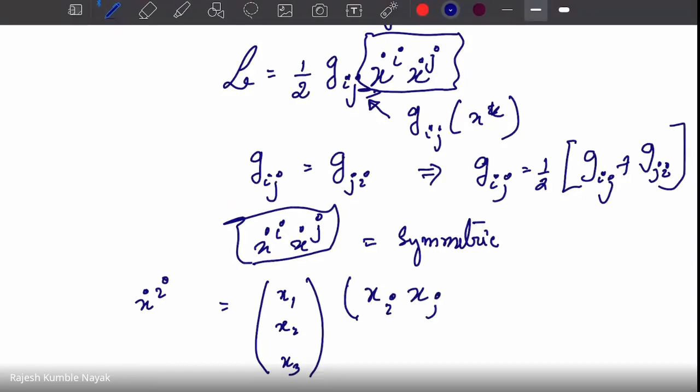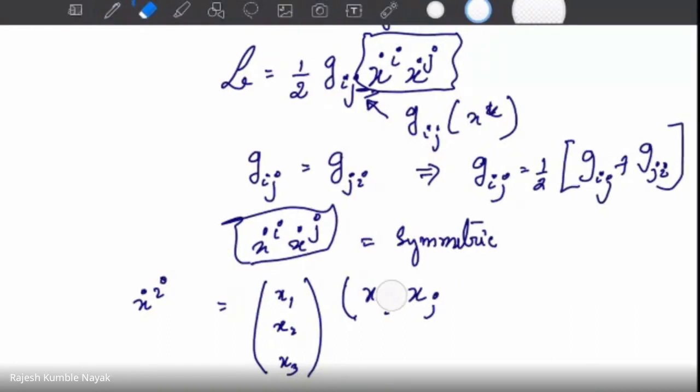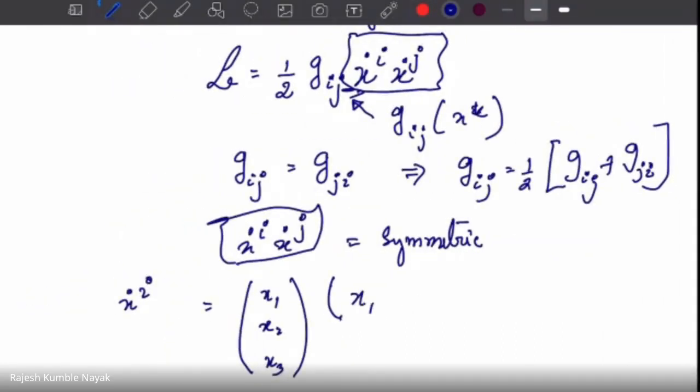Oh, I am so used to writing i and j. Okay, so this product, when you write it, what are we actually doing? We are multiplying the row and column, and what you have is a square matrix which is a product of this velocity vector, and that is going to be a symmetric matrix because you can put in all the numbers. First one would be ẋ1ẋ1, ẋ1ẋ2, ẋ1ẋ3, and so on.